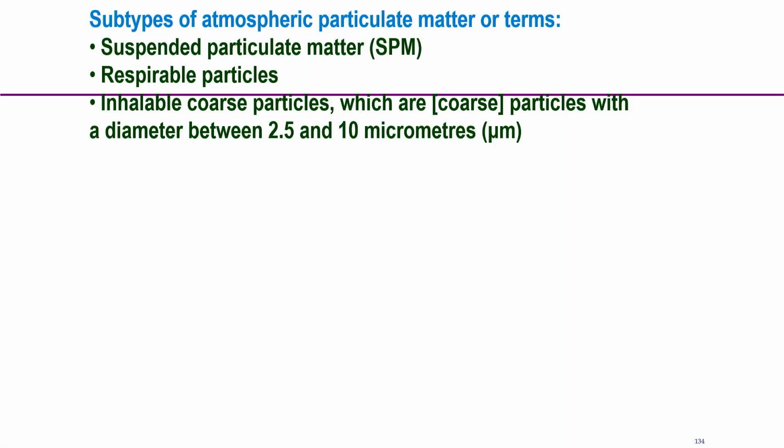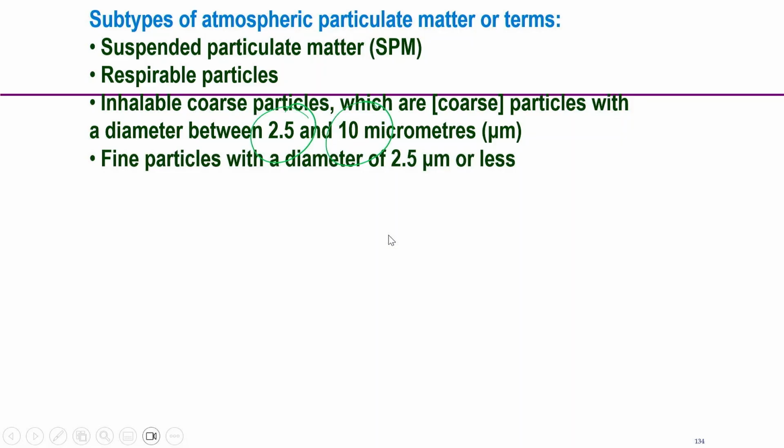Respirable particles go inside. Inhalable coarse particles are coarser particles with a diameter between 2.5 to 10 microns. They are inhaled, and that can be stopped here. Fine particles have a diameter of 2.5 micron or less.